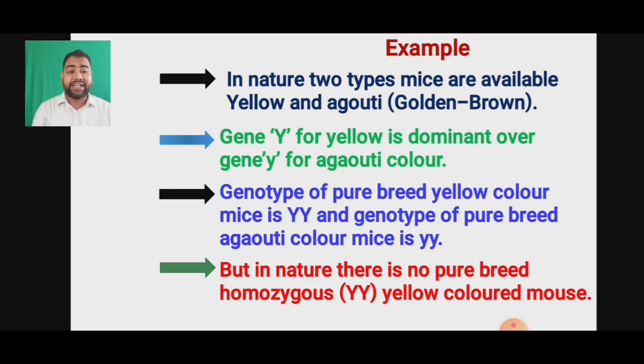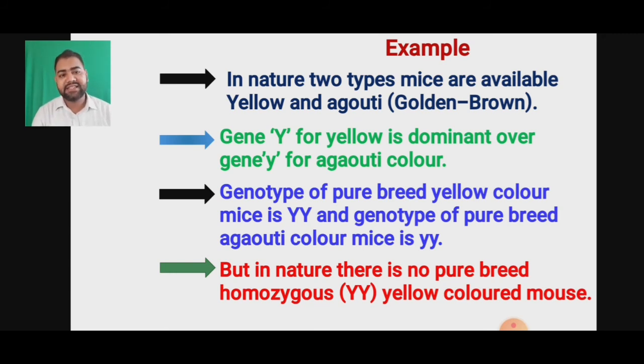The genotype of pure breed yellow color mice is capital Y capital Y, and the genotype of pure breed agouti color mice is small y small y. But in nature, there is no pure breed homozygous yellow colored mouse, because in the homozygous condition, this mouse will die in embryogenesis.